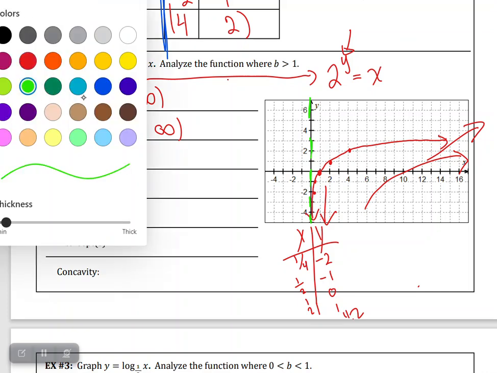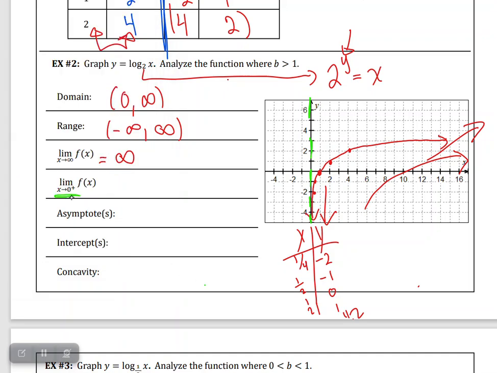Looking the other way, as x approaches 0 from the right side, going to the left on the graph, as it gets to 0 right here, what's happening to the y values? You can see those y values are going down, and they go down forever, so to negative infinity.